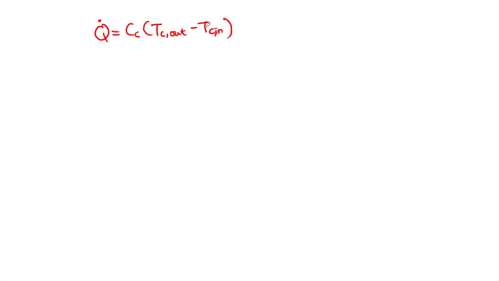This is the first equation. And the second equation is Q dot for hot, and this is Q dot for cold. So CH times TH in minus TH out. So we have these two equations.